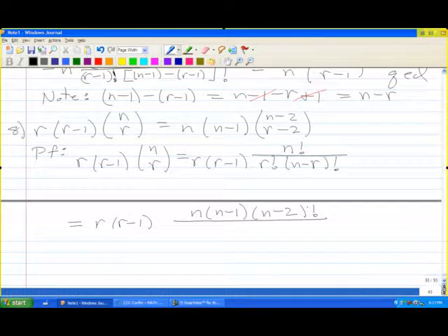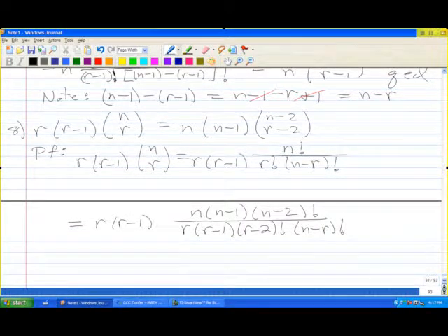R factorial I'll write as r minus 1, r minus 2 factorial. The r minus 1's cancel. Let me bring the n minus 1 out in front.